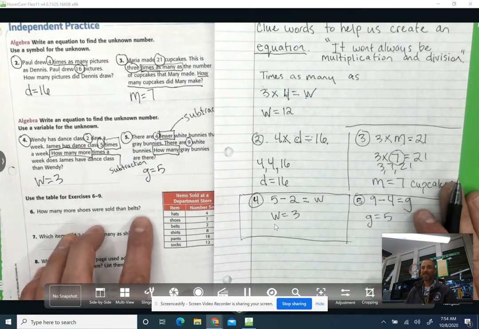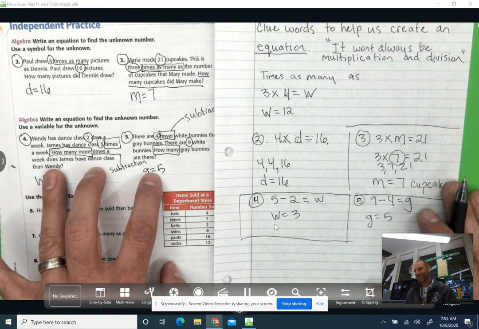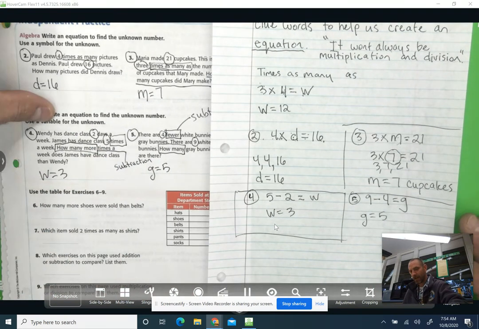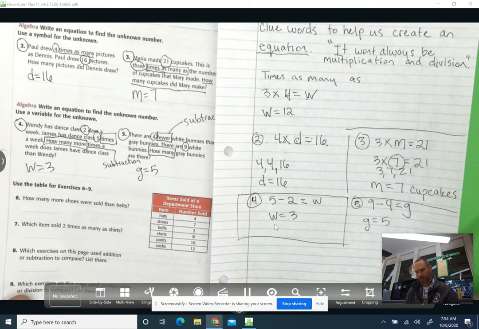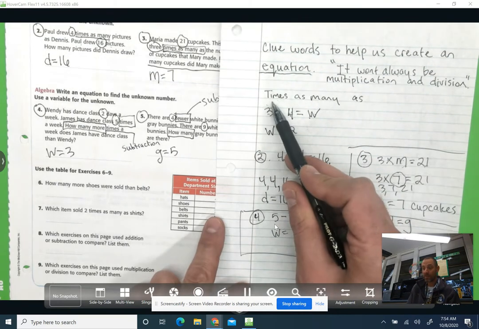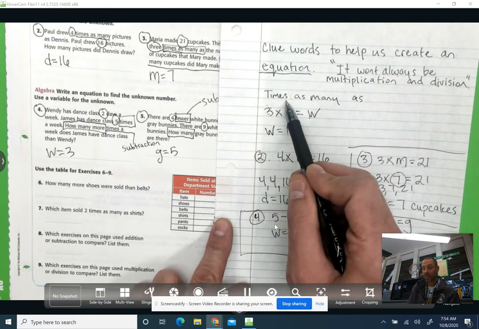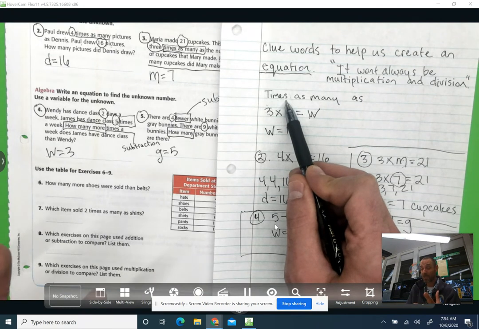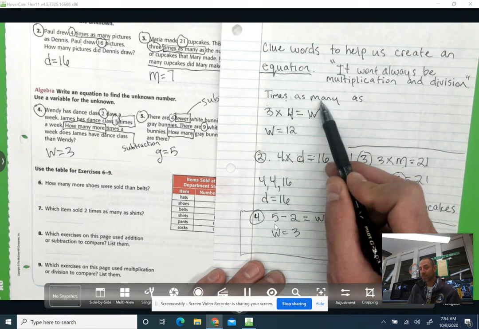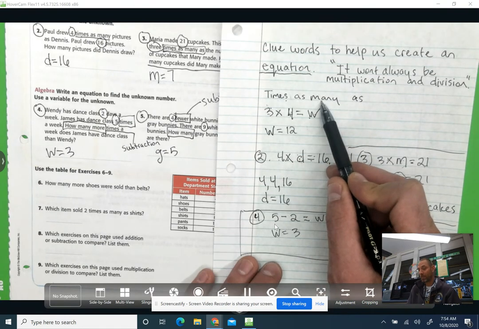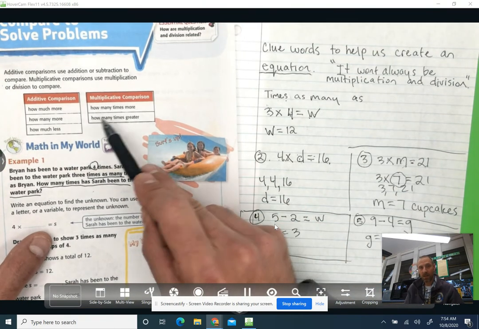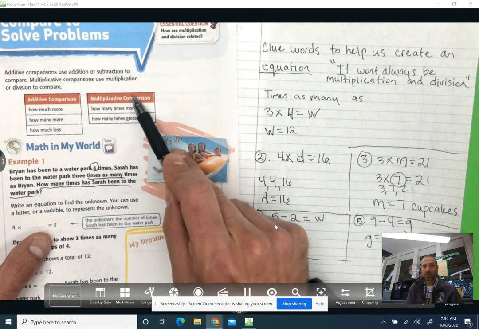It's a good one, kids. It's not always going to be multiplication here, okay? So let's pay attention. Let's be very critical thinking readers here about multiplication. And if anything, just remember, if it has the word times, it's possibly going to be multiplication, but it better have times as many as, times more, how many times more, how many times greater, right?